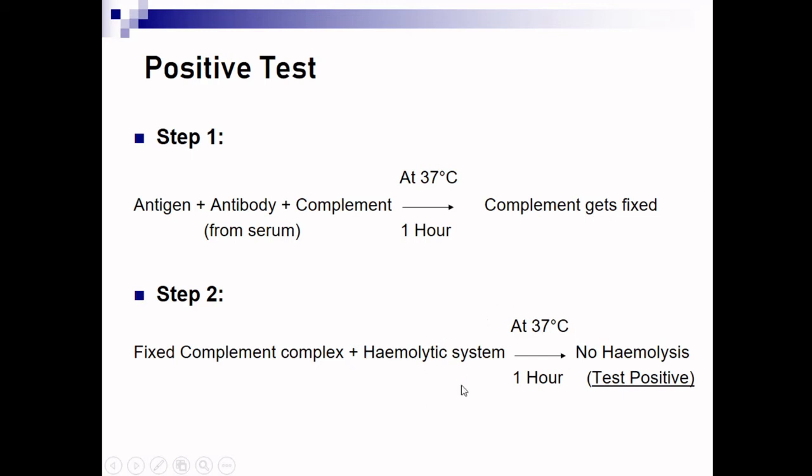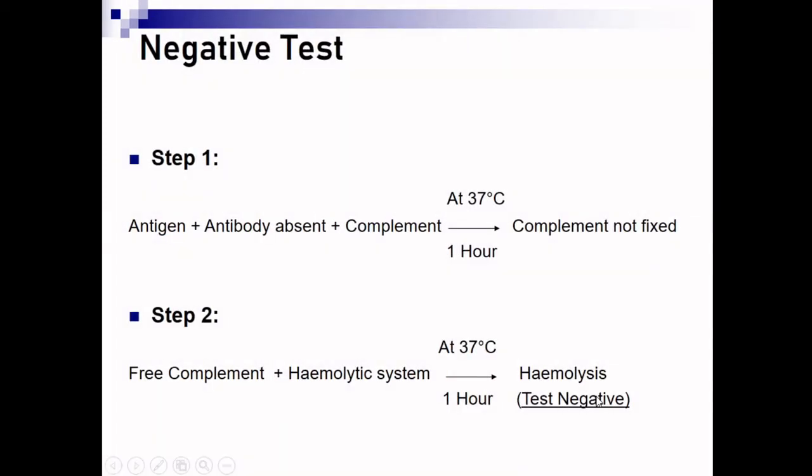So even if you give the same conditions, complement is not available, there is no hemolysis, and the test means positive. On the other hand, in a negative test, antibodies are absent in the serum sample, complement is not getting fixed, so complement is available for the hemolytic system, and then you see hemolysis. After 1 hour, if you see hemolysis, the test is called negative.